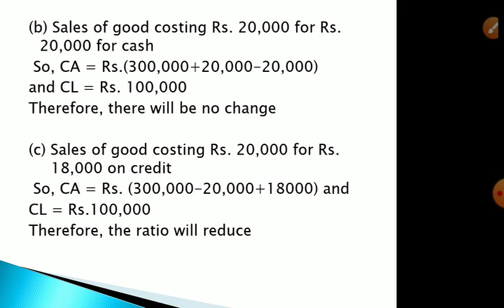Next, from the same question, part B, it is said that a sale of goods costing rupees 20,000 for rupees 20,000 for cash. Now, if you remember the accounting equation, we were solving it by applying a method where we used to see exactly what is getting affected in the balance sheet, whether the asset side was affected or the liability side.